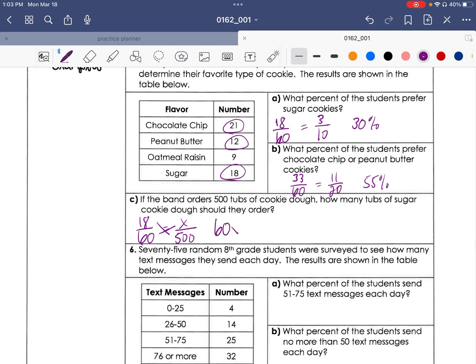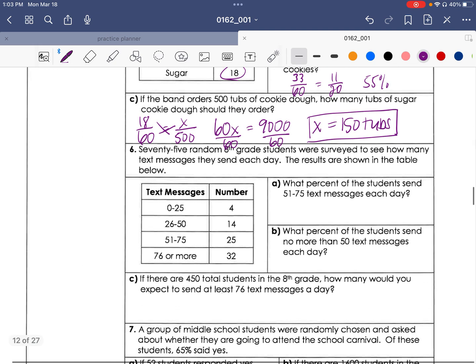So we'll have 60 times x is equal to 500 times 18 is 9,000. Then we're going to divide by 60. So the number of cookie dough tubs should be 150 tubs of sugar cookie dough. Okay, we're moving on to the next one.